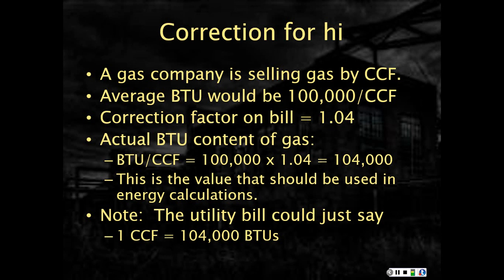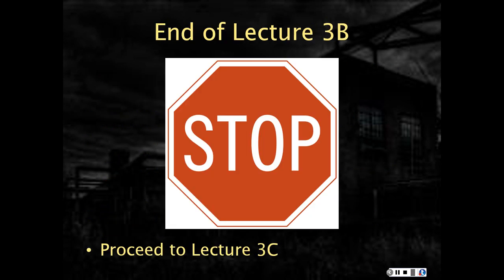So in this case, the energy content per CCF of this gas is 104,000 BTUs. And that's the value that should be used in the energy calculation. And again, the utility company could just say 1 CCF equals 104,000 BTUs.